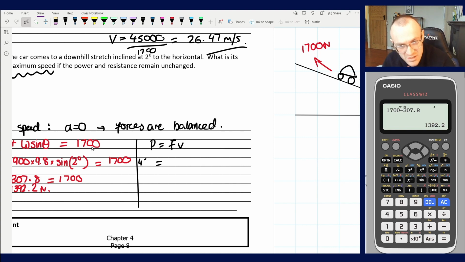Power is 45,000, the driving force is 1392.2, and the velocity is to be found.